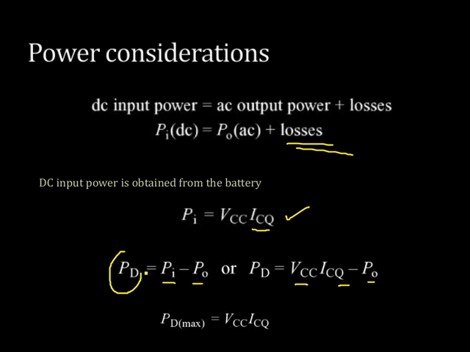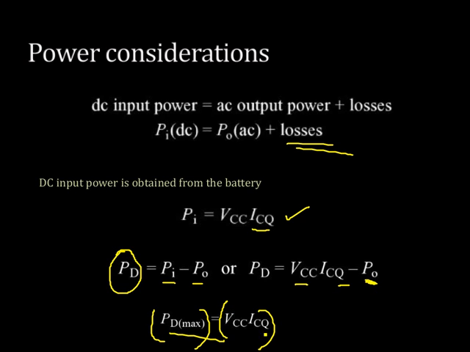Okay, so this equation is very significant because PD is equal to VCC ICQ minus P naught. It shows the power that is dissipated in the transistor. We are considering the loss only to be the transistor loss now because we have neglected all the other small losses. So what is PD max, the maximum power dissipation in the transistor? This occurs when the transistor is not delivering any AC power. So whatever power is drawn from the supply is dissipated across the transistor when P naught is 0.